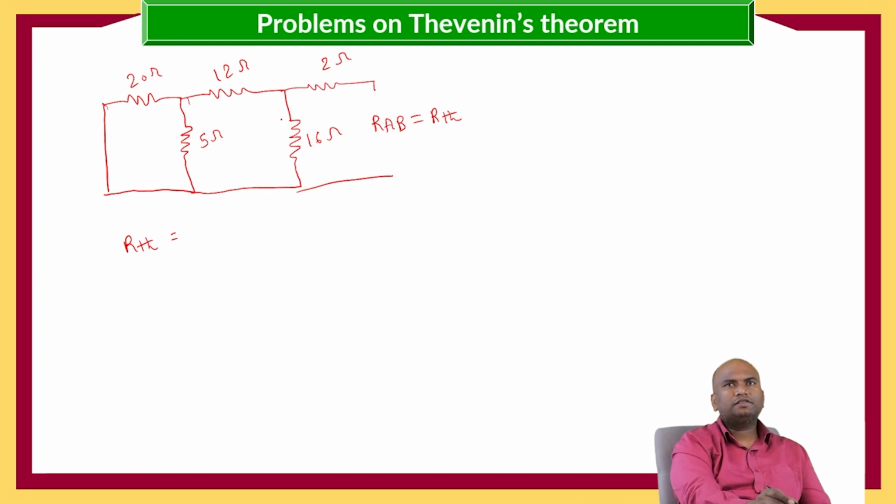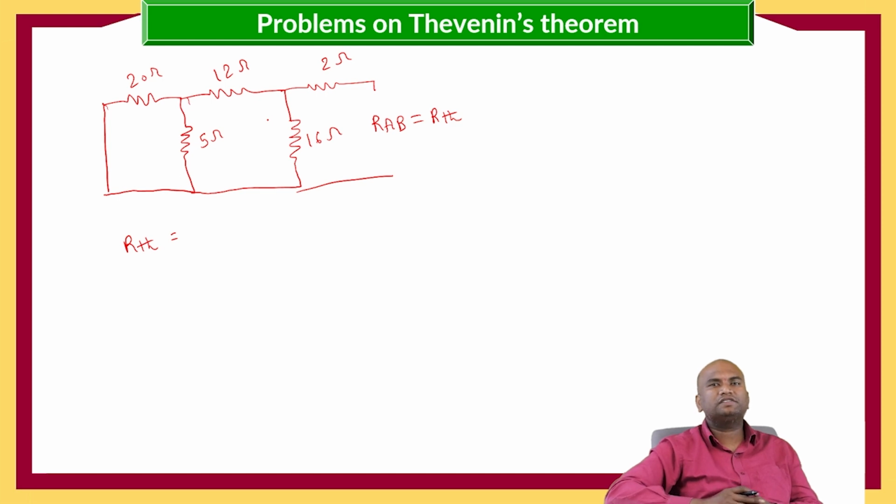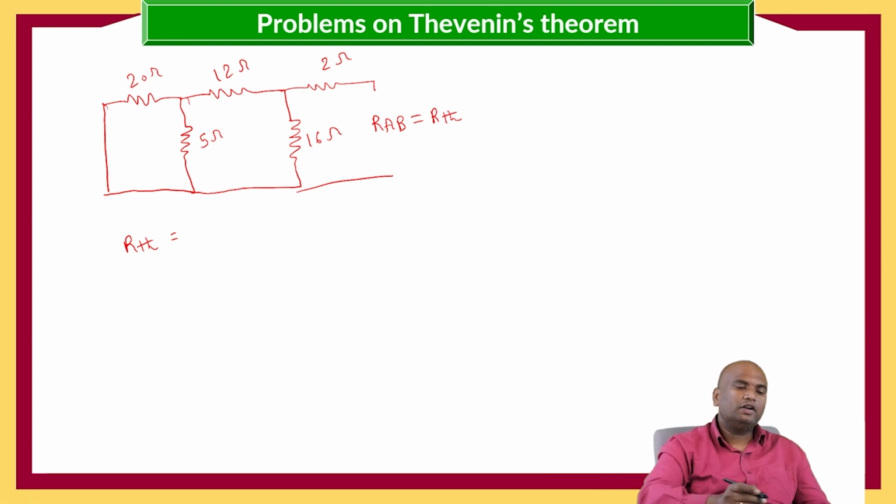If you see this circuit, there are many resistors, so we have to go with 2 or 3 steps to calculate the RTH. Now let us see from these two terminals, A and B terminals.